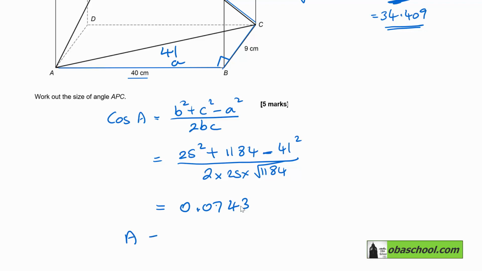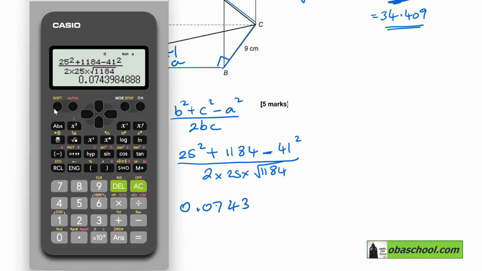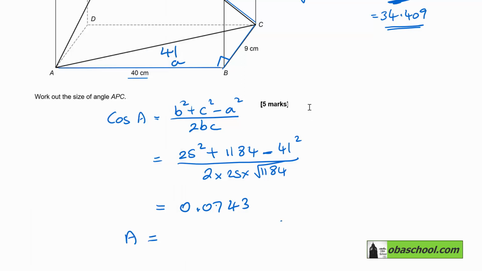And therefore the angle A is the inverse cosine of that. So shift cosine of my last answer gives me 85.7 degrees.